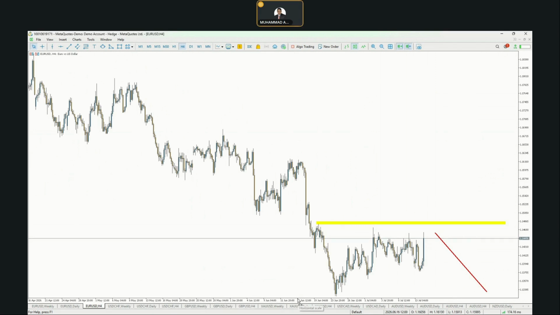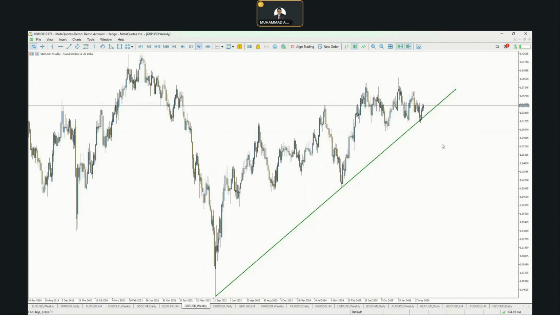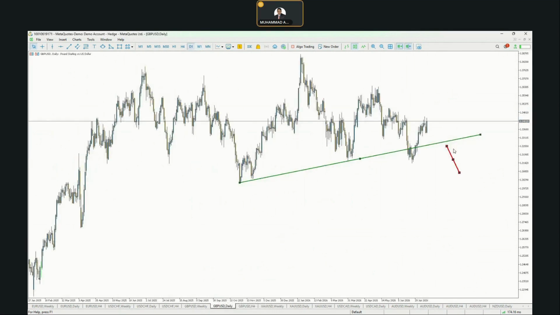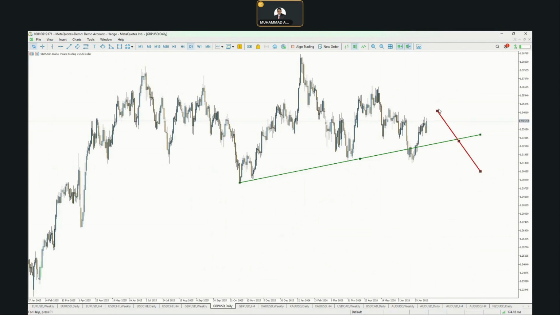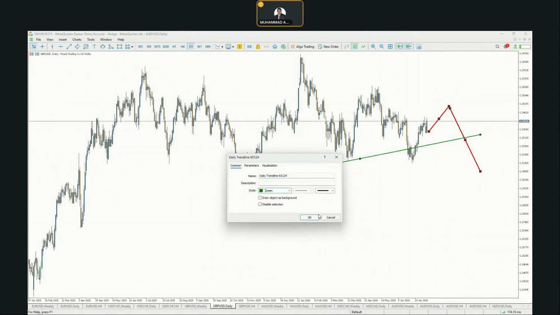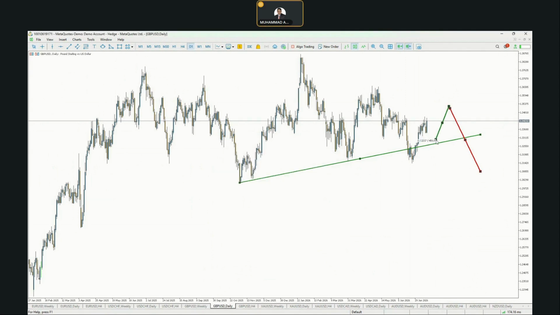Regarding the GBP USD currency pair, the pound dollar weekly time frame market is currently finding support at this bullish trend line. If we go over to the daily time frame, market is trying to bounce back up over here. So we might get some sort of more bullish price action first before the GBP USD is actually going to fall back down.